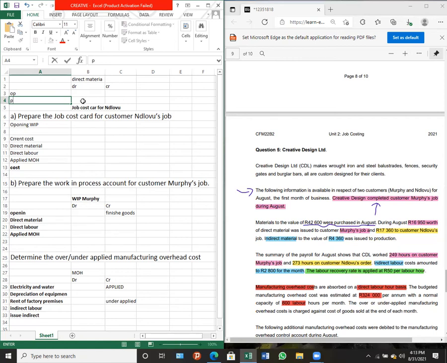If we receive returns from customers, we are going to debit. And then if we return our material to supplier, we are going to credit.